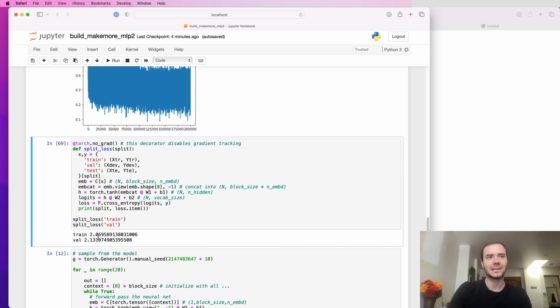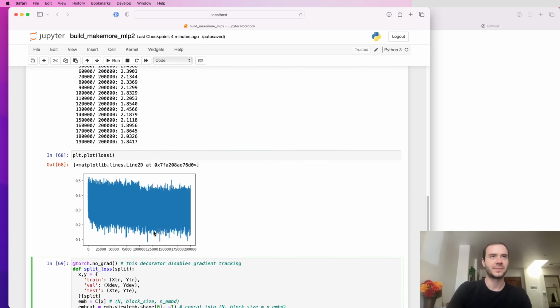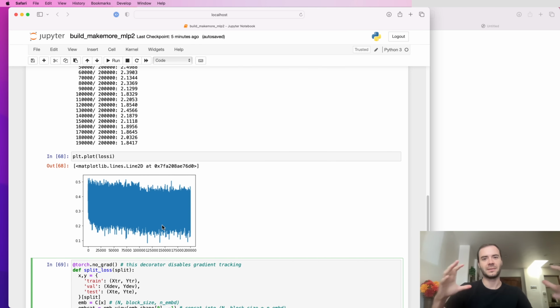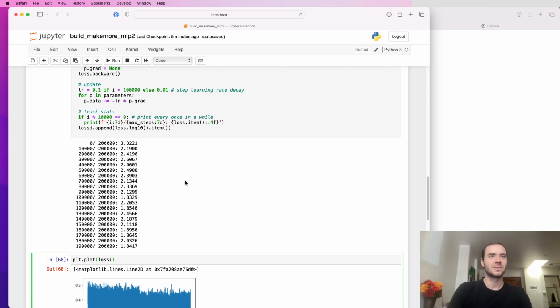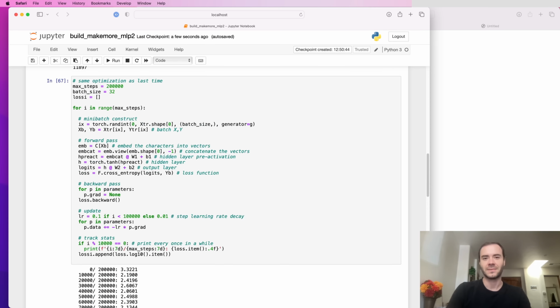So we get a slightly improved result. And the reason for that is because we're spending more cycles, more time, optimizing the neural net, instead of just spending the first several thousand iterations probably just squashing down the weights, because they are way too high in the beginning of the initialization. So something to look out for, and that's number one.